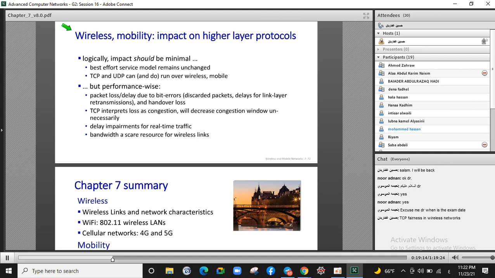Why? Because in wireless platforms, when we talked about CSMA/CA, we talked about CSMA/CA at the beginning of this chapter. This protocol may defer the transmission because of its nature, to avoid collisions in wireless platforms.